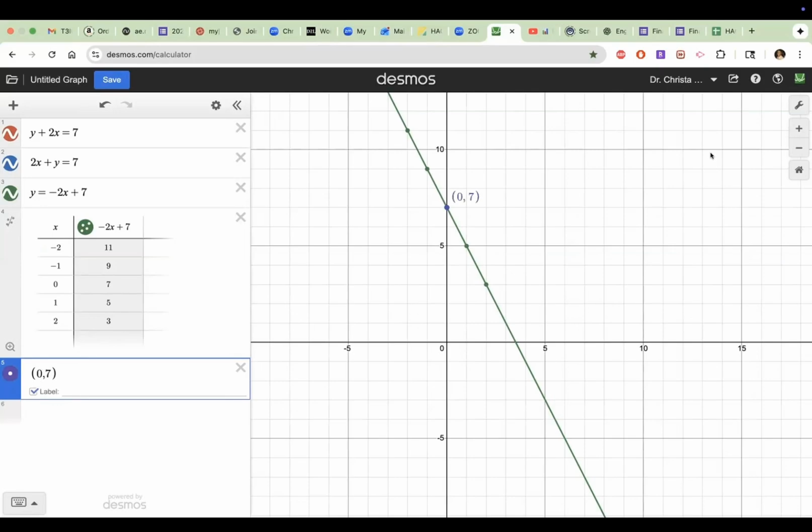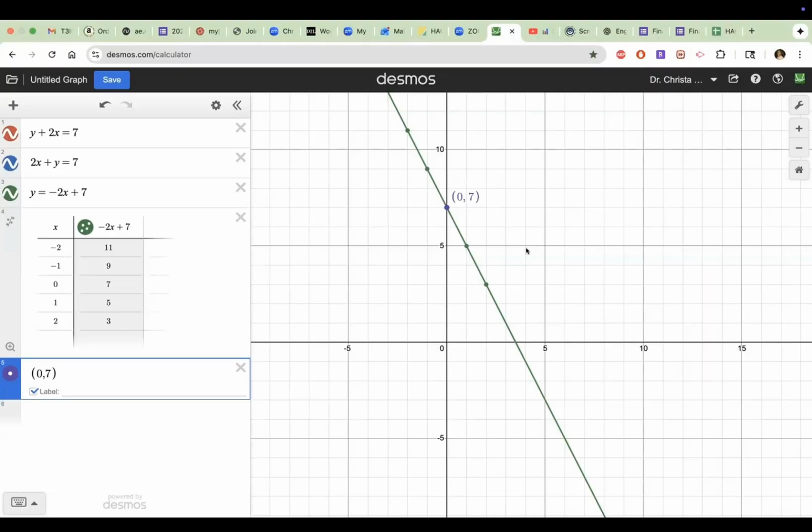There's all kinds of stuff Desmos does, but there you go. So if you're having any trouble with linear functions, I recommend that you use Desmos to help you see what's going on a little bit clearer. So you can use that just to help you understand some things a little bit better.